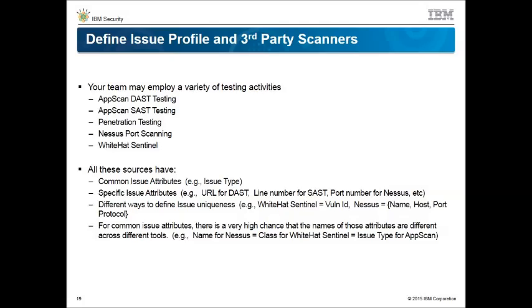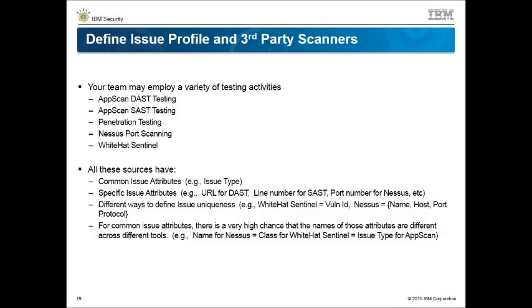While all of these are producing issues, there are common issue attributes like the issue type. Of course, they will have different names across all of these scanning technologies, but they all talk about the type. Is it cross-site scripting, SQL injection? Then there are specific issue attributes.